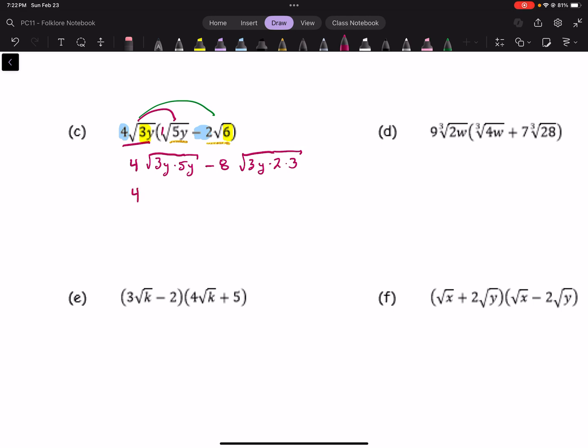So 4, and I'm going to split this up. Well, we could probably split this up right now. I'm going to split this up into y squared times 3 times 5. We get y squared from this factor of y times that factor of y. The leftovers are 3 and 5, so that creates another radicand. I feel like we've done this quite a lot. So negative 8.